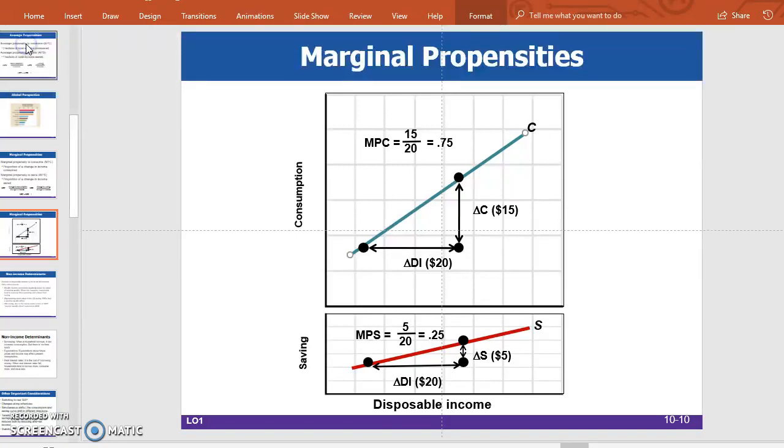So when consumption increases because of a higher wealth effect, there will be a parallel shift. See that? Parallel shift. The line shifts up. For every level of disposable income, he is consuming more.